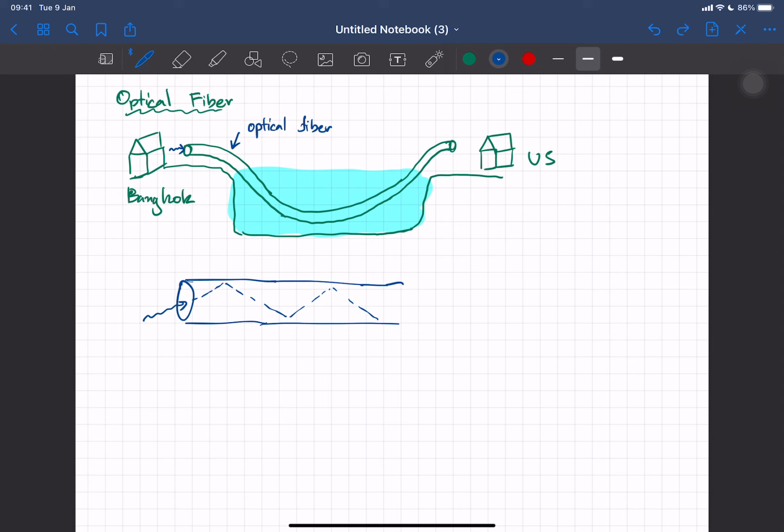So all the light, pretty much 100%, gets contained within this optical fiber. Okay, and that's the important application of this total internal reflection.